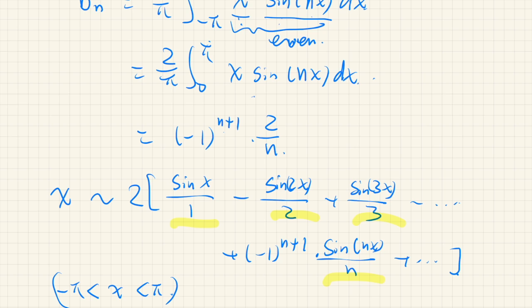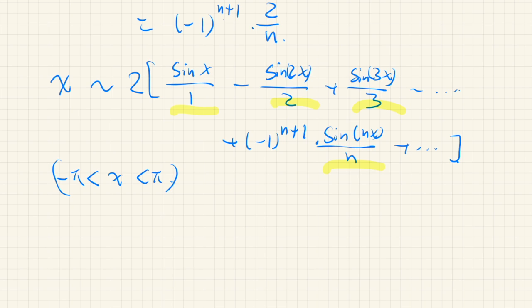This is actually a general result for any odd function. Any odd function can be expressed in terms of a sine series. So if f is an odd function, that means f of negative x is negative f of x.